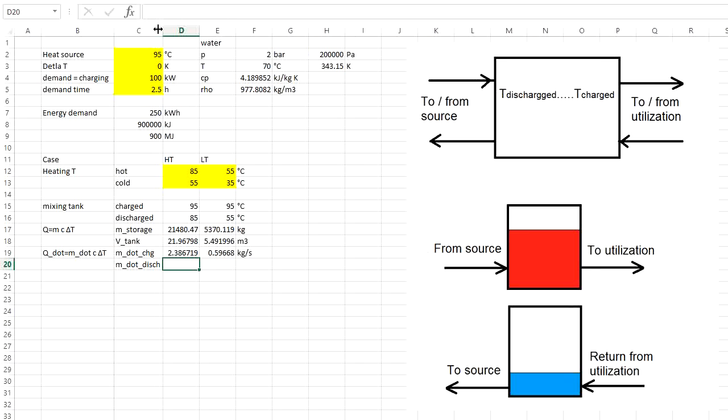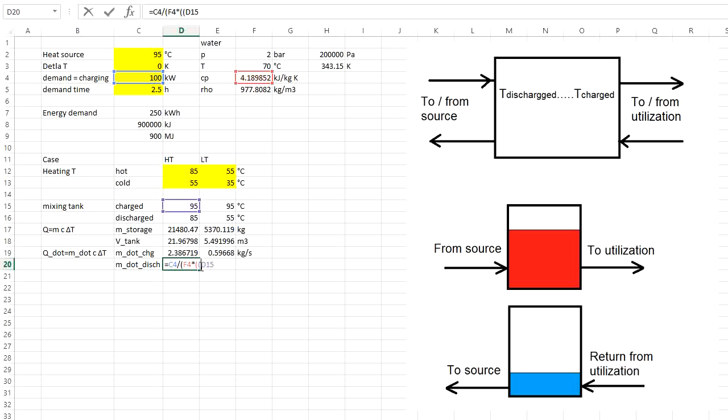And now similarly, let's have the same for discharging, where again we have 100 kilowatts, the specific heat capacity, but now the temperature difference going to utilization is the charged temperature minus the temperature difference.